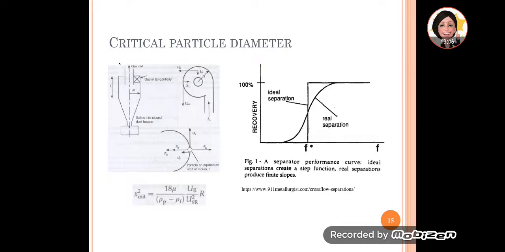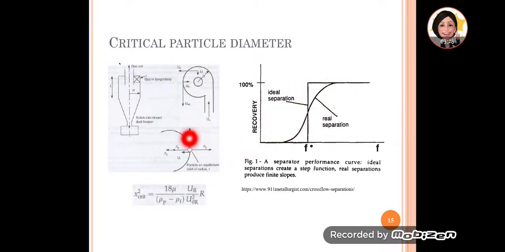Let's look into critical particle diameter. This is the diameter we are expecting to look at to define a particular cyclone, meaning what particle size will be efficiently separated, that means 100% separated in a cyclone.